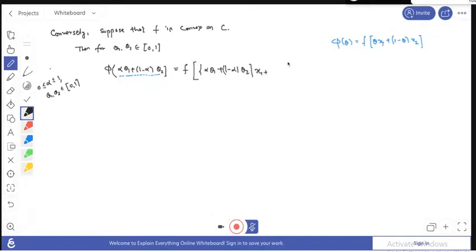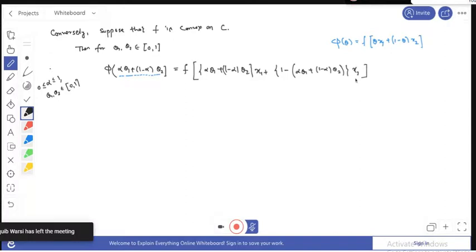And plus the next one is 1 minus this θ, where θ is αθ1 + (1 − α)θ2, multiplied by x2. What are x1, x2? They belong to set C, and α lies between 0 and 1.